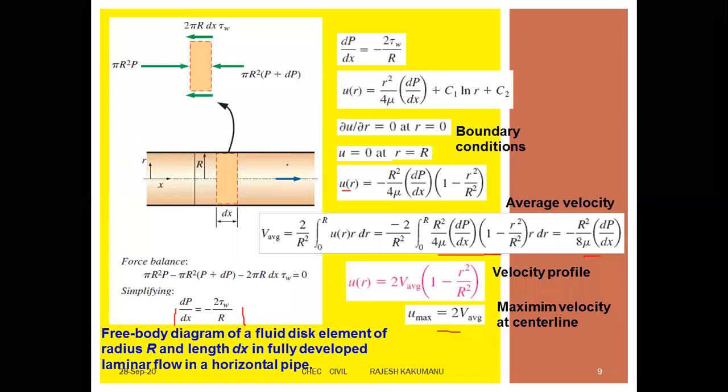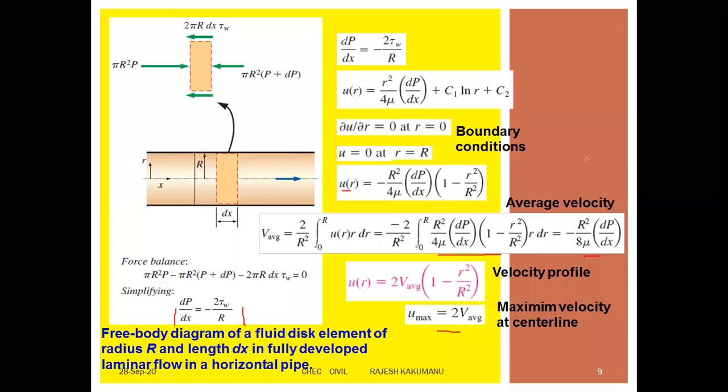Therefore, for laminar flow, delta P is equal to P1 minus P2. That implies it is equal to 8 mu L V average by R square, that is equal to 32 mu L V average by D square. So this is the formula for the pressure drop in laminar flow.